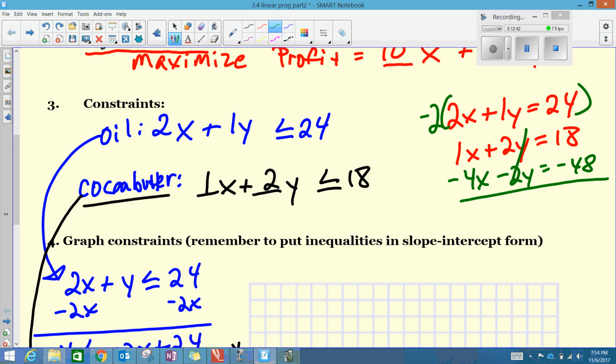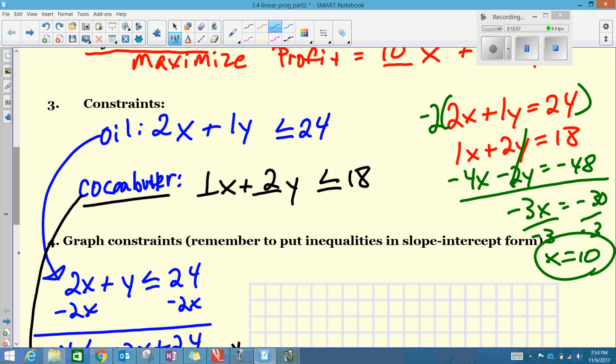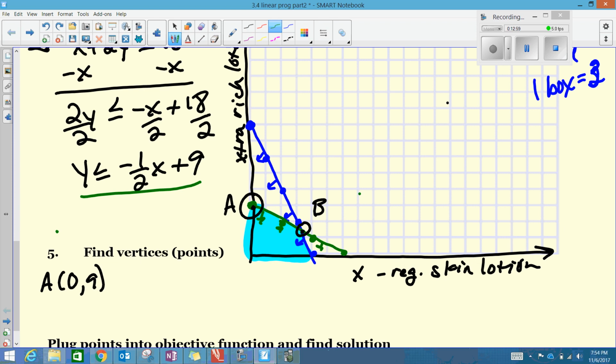And then when I add them together, this cancels out. I get negative 3x equals negative 30. Divide by negative 3, x equals 10. So I know that this point right here is 10, and then I have to find my y value.